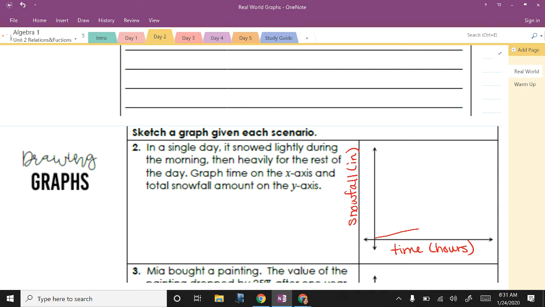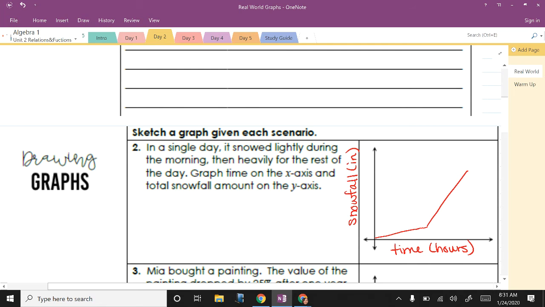So what happened to the snowfall then? It went up a lot steeper then, didn't it? So maybe it gradually goes up in the morning, and then at noontime it just shoots up like that. Y'all see what I'm saying? Now that might be dramatic, but it fits the scenario, right? Right, exactly. You need to have a low slant line here and then a more steeper line there. Does that make sense? Okay.